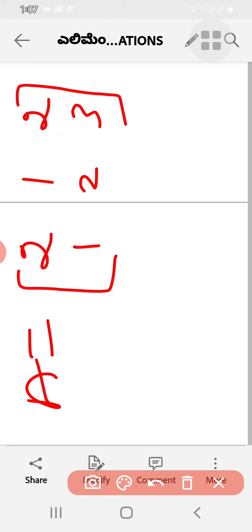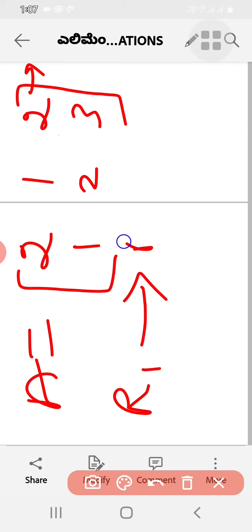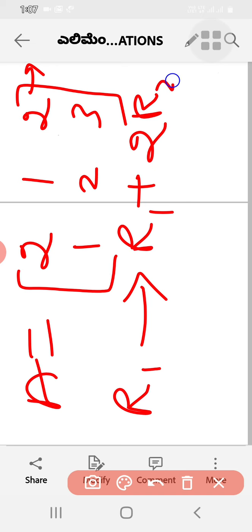Then another property is, if I select the first row, say R1, I am taking this first row. I will try to change this first row by operating on it. R1 changes to R1 plus 2R2.